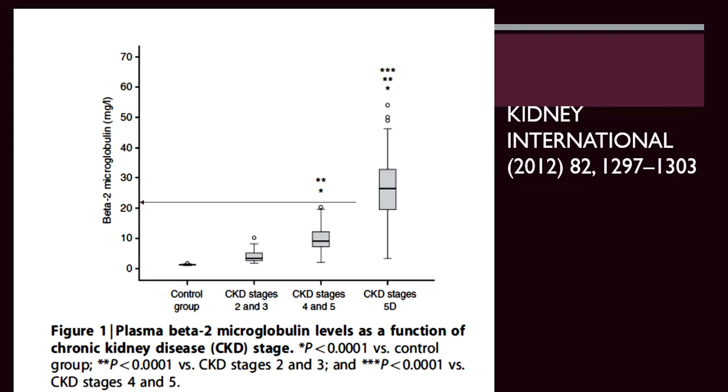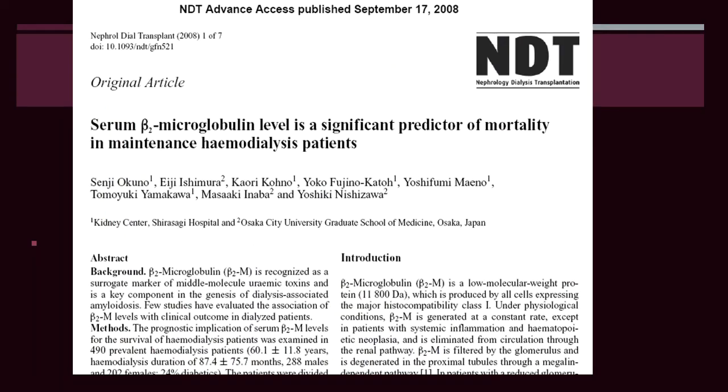And the plasma beta-2 microglobulin rise as a function of chronic kidney disease starts very early. Once the patient reaches CKD stage 5, the risk is high due to loss of excretion. And beta-2 microglobulin is a significant predictor of mortality in maintenance hemodialysis patients.